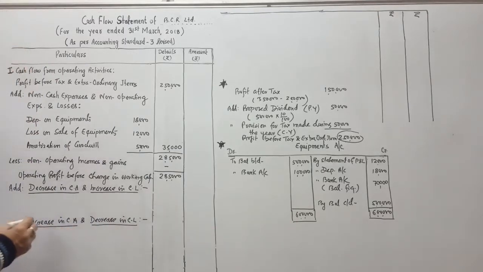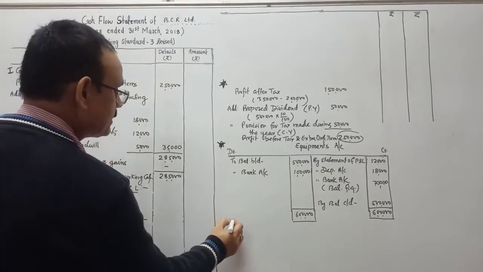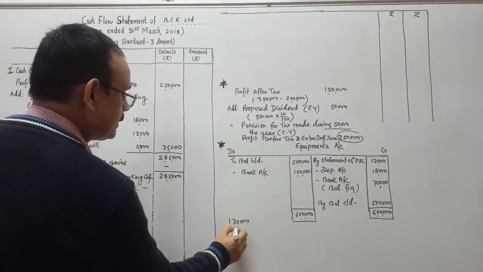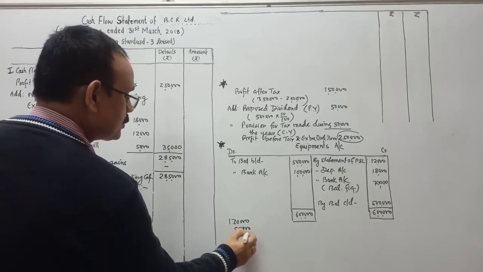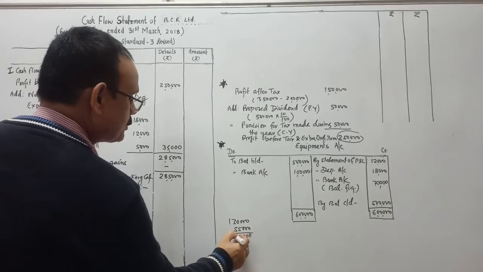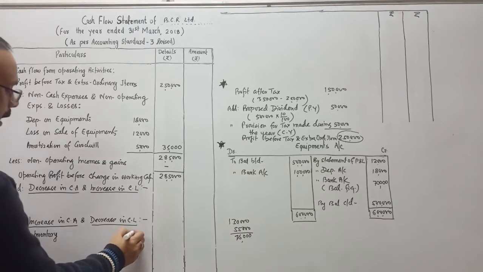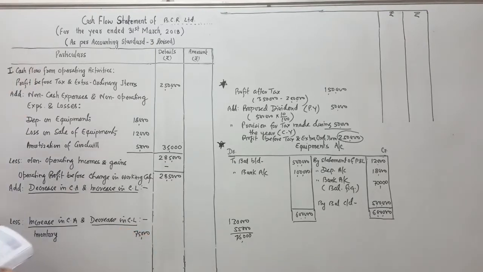So inventory is increased by 1,30,000 minus 55,000, which is 75,000. Is it clear? Increased by 75,000 inventory.